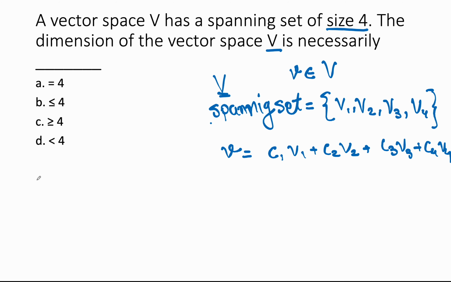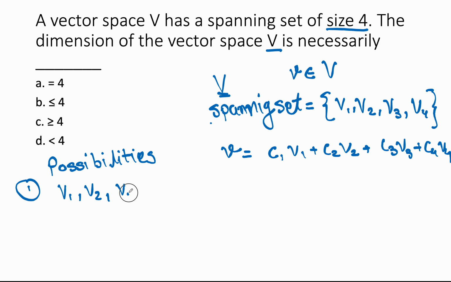Okay, so there are multiple cases possible. So let's say the first possibility. V1, V2, V3, V4, all are independent.